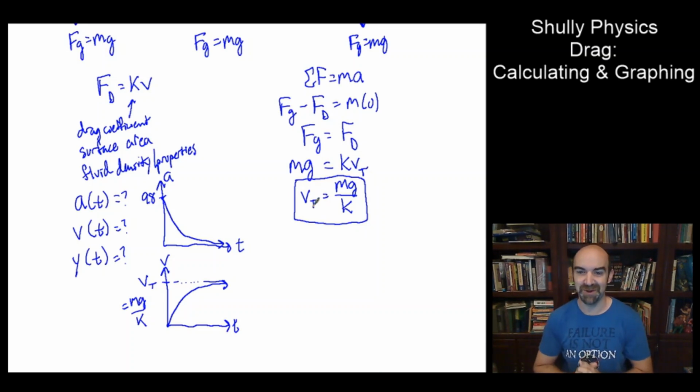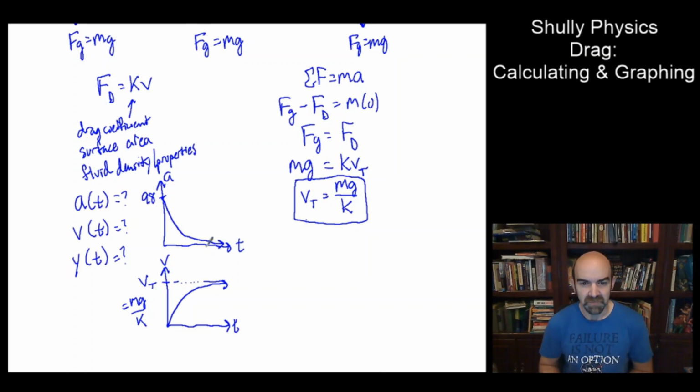So the greater the weight, the greater the speed that it can pick up before it reaches terminal velocity. And also the greater the K value, the lesser the velocity. So if there's more surface area, or a more dense fluid, that's going to decrease the terminal velocity. All right, so just thinking about how that works there.